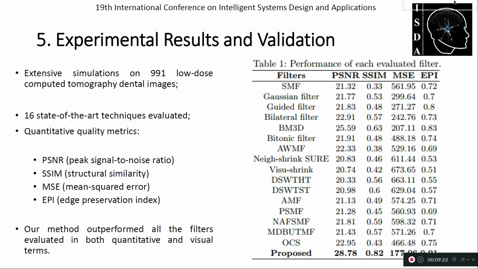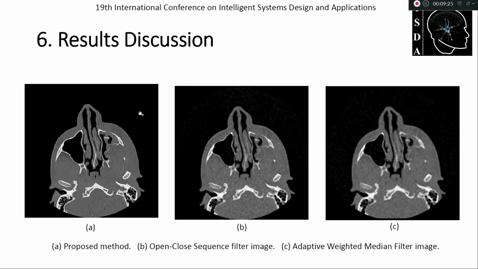So, as you can see, here is the image obtained from our proposed method. Here's the image obtained after using the open-close sequence filter, and here's the image resulting from the adaptive weighted median filter technique.